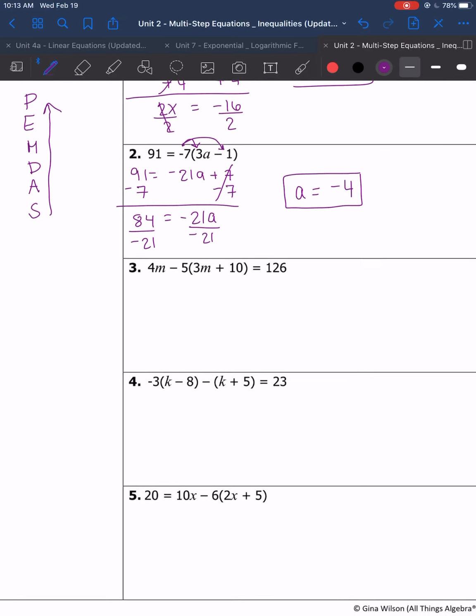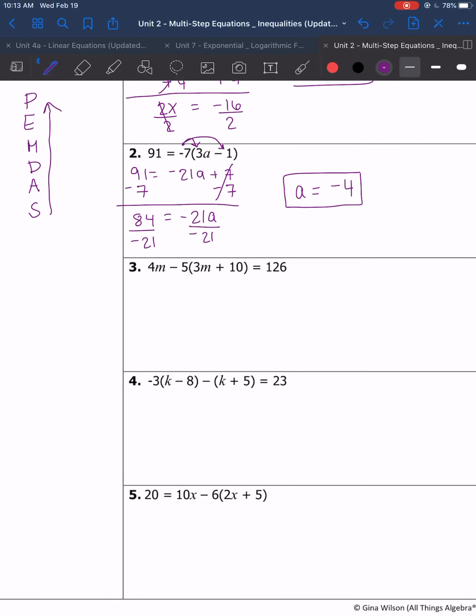And then 3. I'm going to distribute the negative 5 to the 3m and to the 10. So I have 4m minus negative 5 times 3m is negative 15m. And then negative 5 times 10 is negative 50 equals 126.